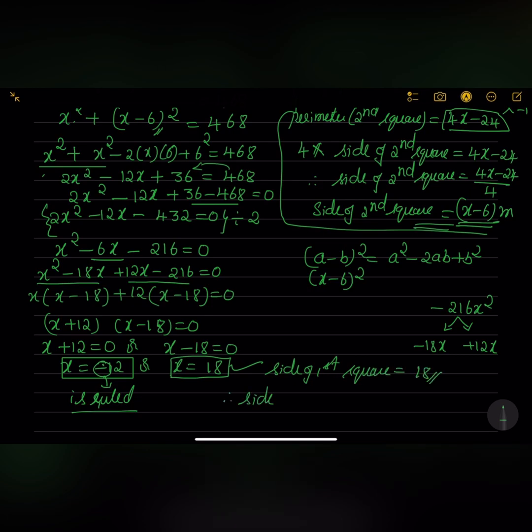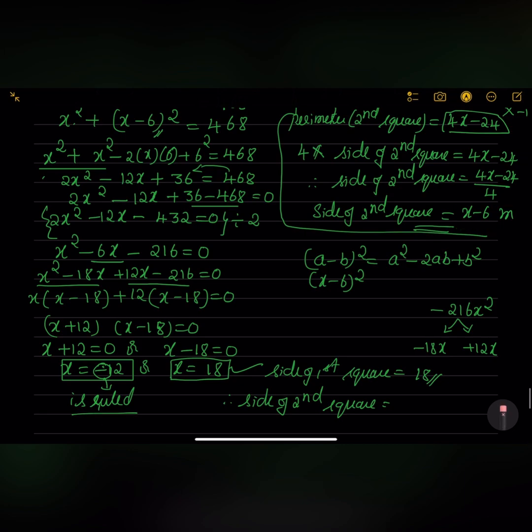Therefore, side of second square, they have given clearly that it is x minus 6, that is 18 minus 6, and the answer is 12 meters. So the first square side is 18 meters and the second square side is 12 meters.